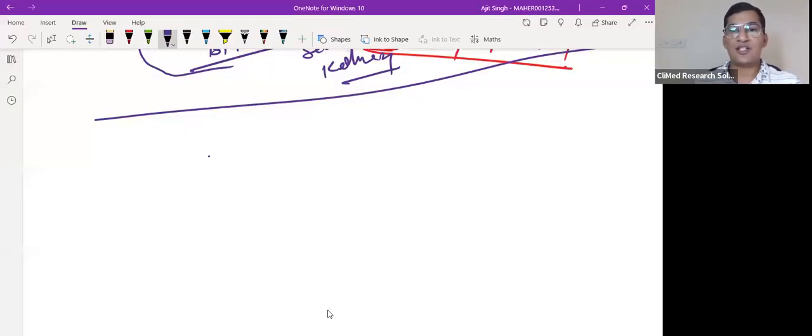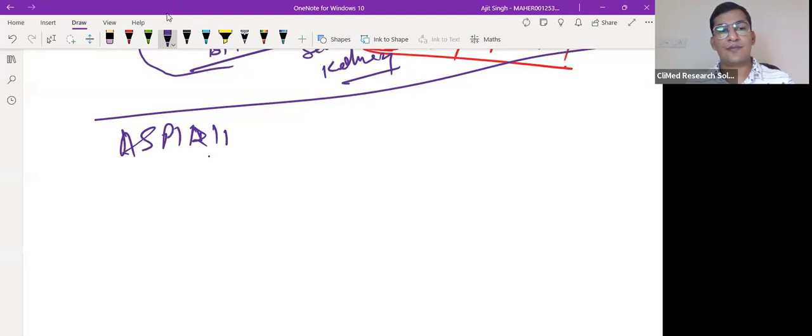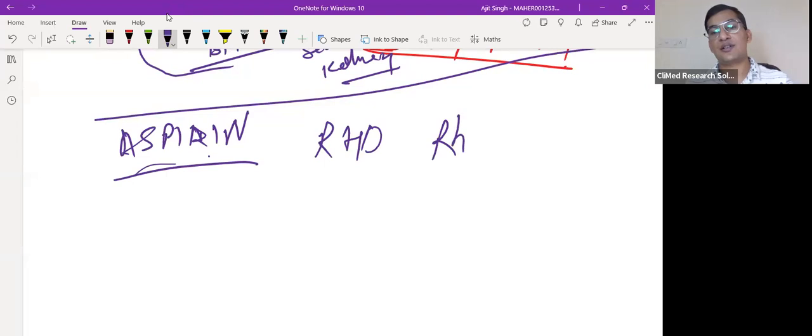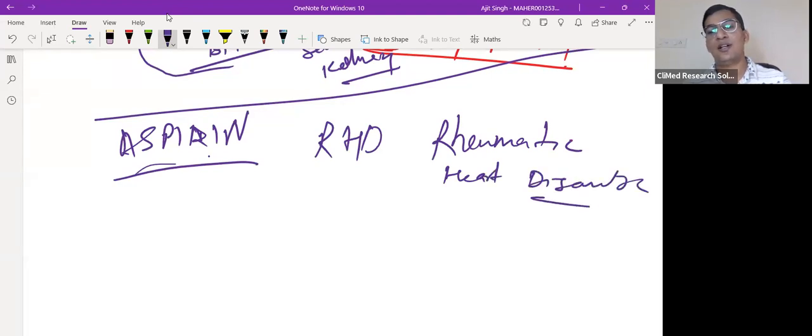And yes, aspirin is also given as an anti-inflammatory. Guys, one more very important thing I want to share: another indication I forgot to tell you, a very important indication for aspirin, is RHD, rheumatic heart disease.